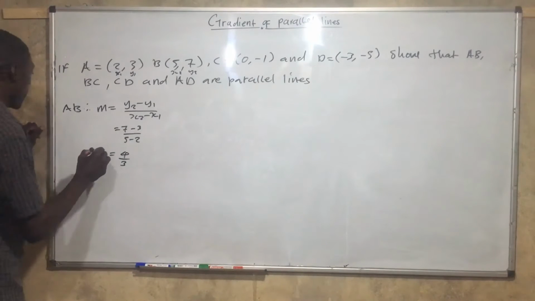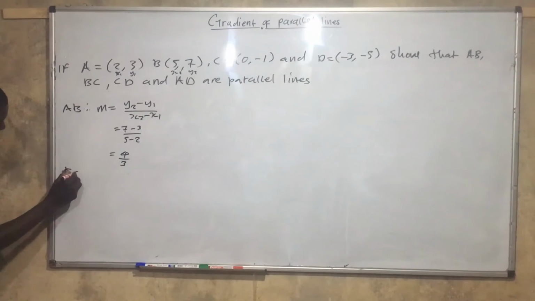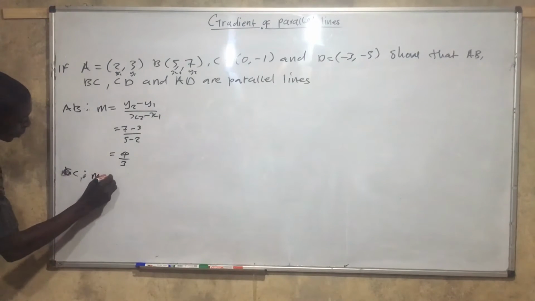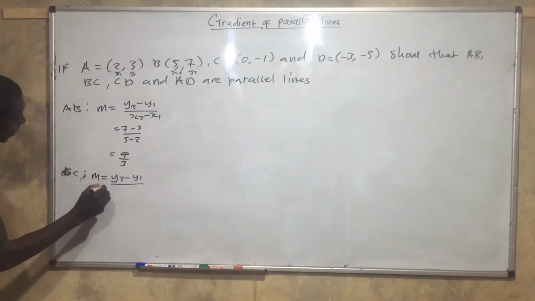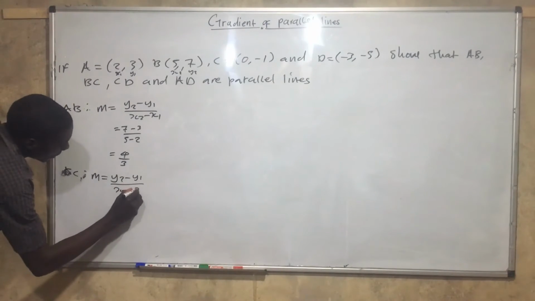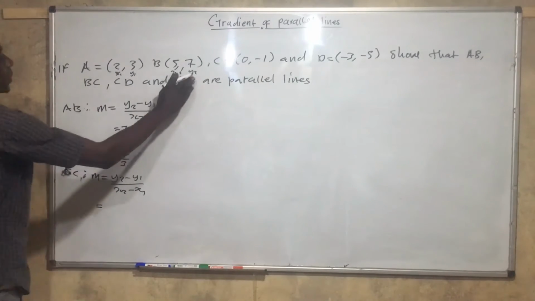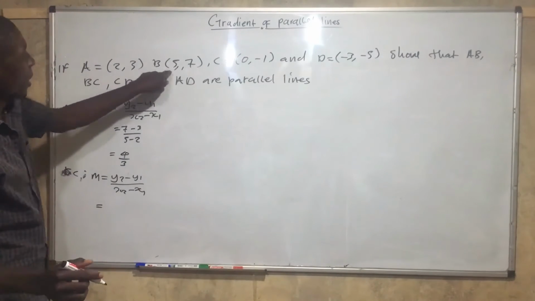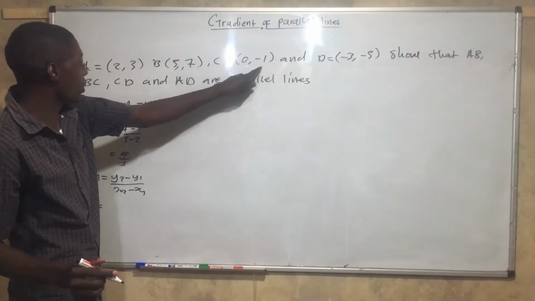Then we'll go to line BC. The gradient is equal to y2 minus y1 over x2 minus x1. Here we are going to get the points B and C, and we'll name these x1, y1, x2, y2.